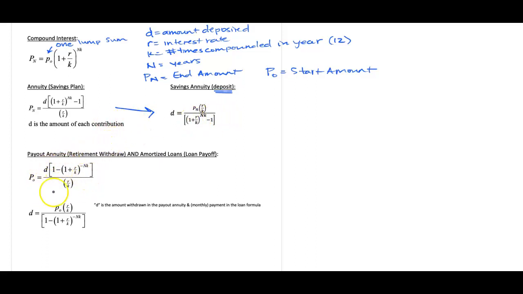And then down here, payout annuity, this is like if you're withdrawing for retirement, or it's also dealing with payoff for loans, like if you're paying off a mortgage or something like that.